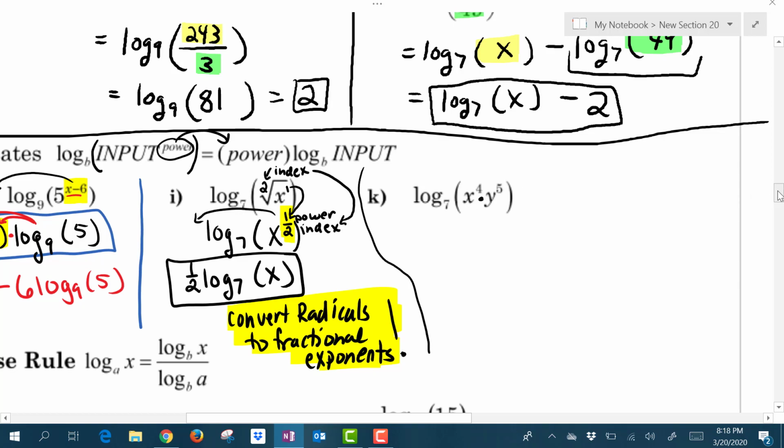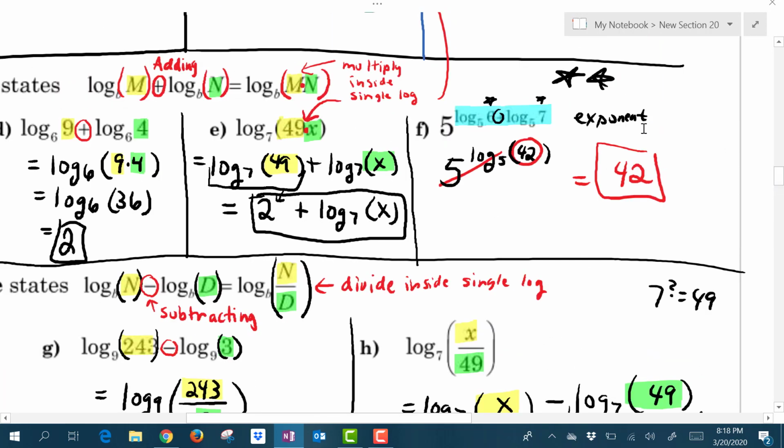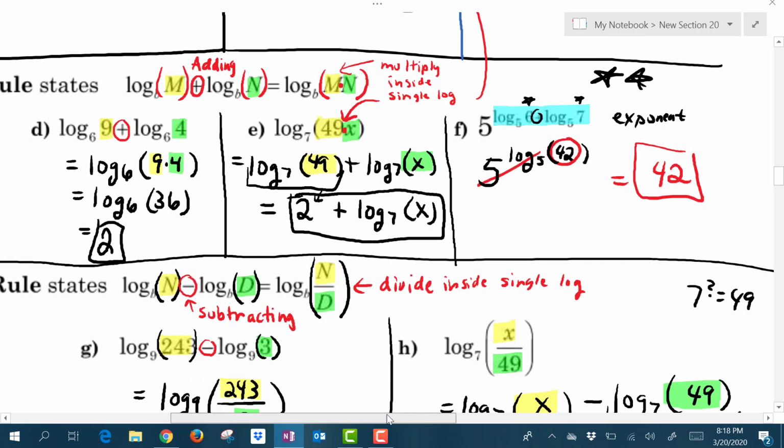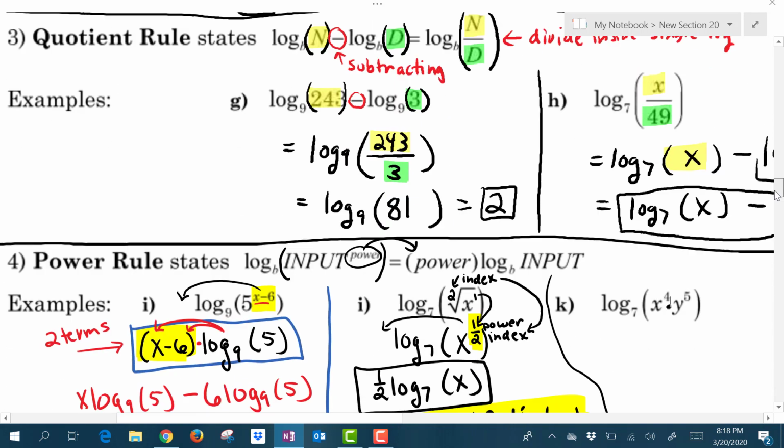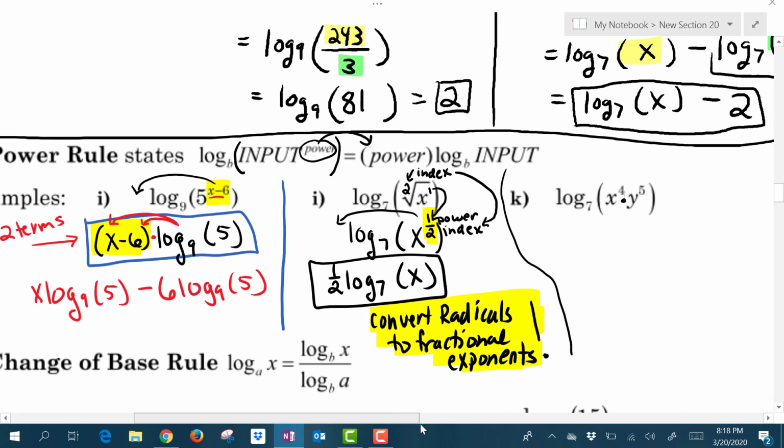So I'm just going to scoot up here and remind ourselves of this rule that we have. The product rule says that if you are multiplying in between two quantities inside of a single log, you can separate that into two logs where you're adding in between. So I'm going to use the product rule, and then I'm going to use the power rule.